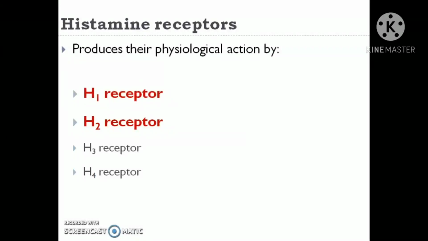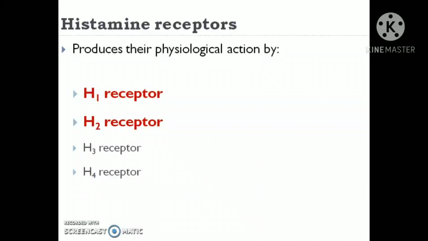Next, we'll see how histamine produces its physiological actions. They produce their physiological action by interacting with histamine receptors. 4 different histamine receptor subtypes have been identified in humans. The first 2 are more important, and they are named as H1 receptors and H2 receptors.